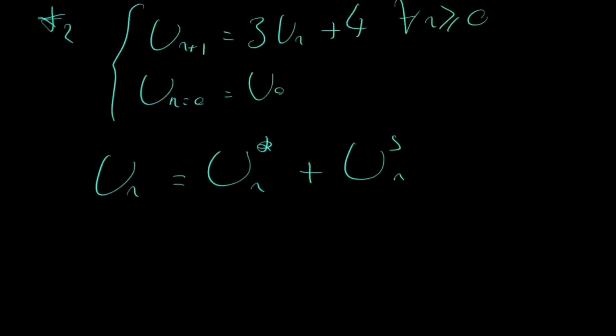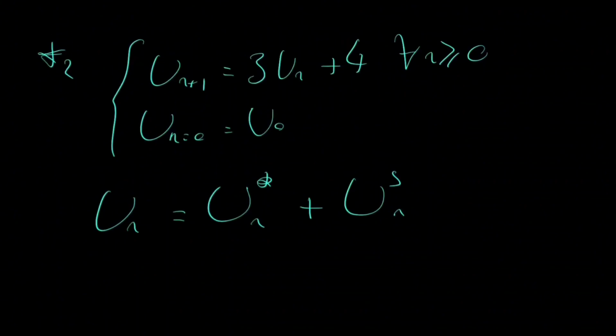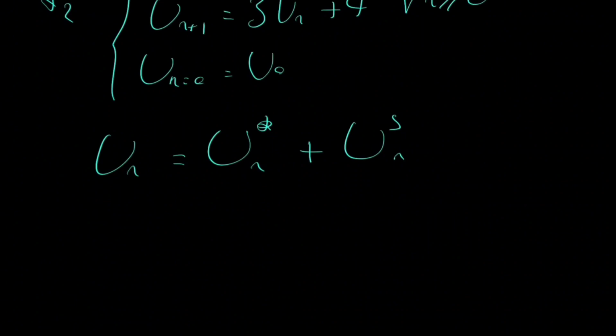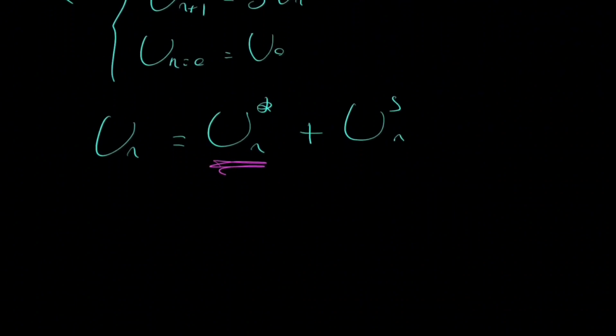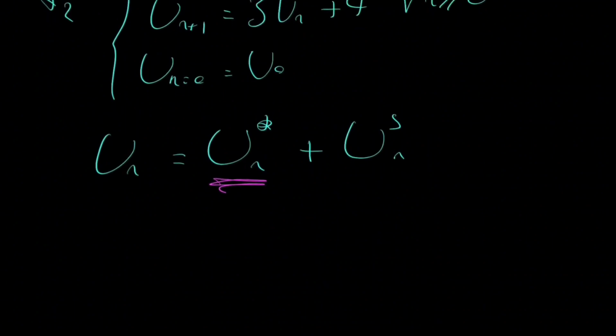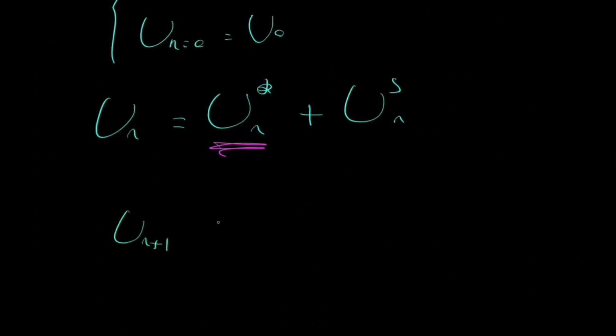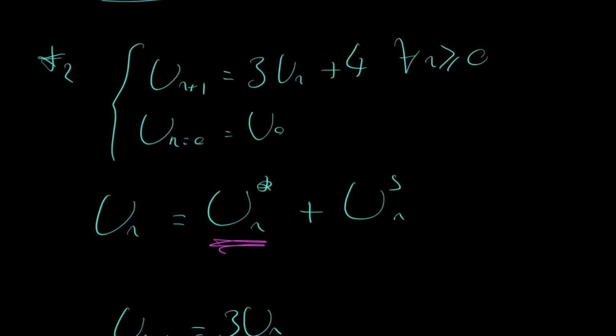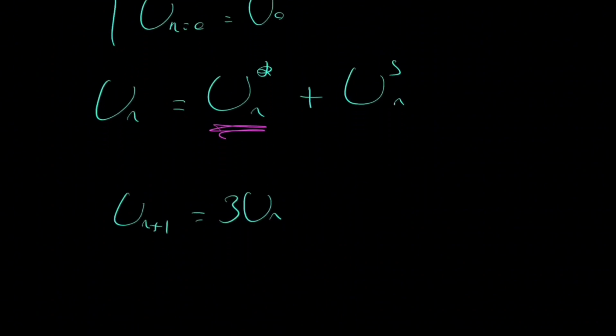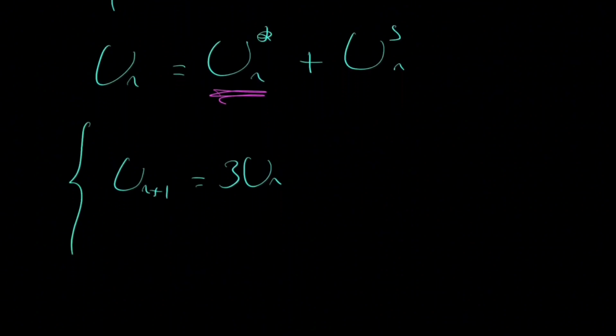Let's try to understand a little bit what's going on. u_n star, the homogeneous solution, will be the solution of u_{n+1} equal to 3u_n, so we only keep the terms in u_n.